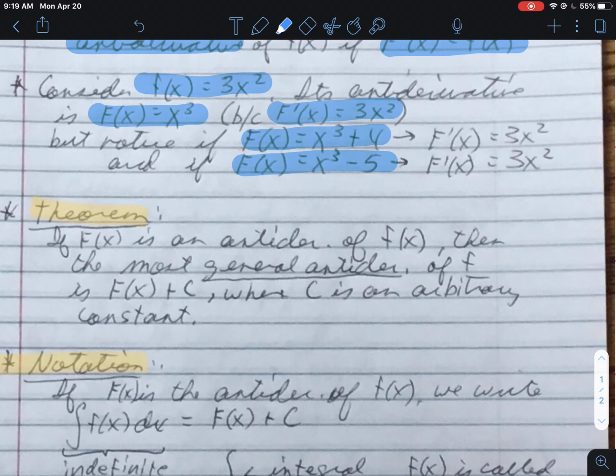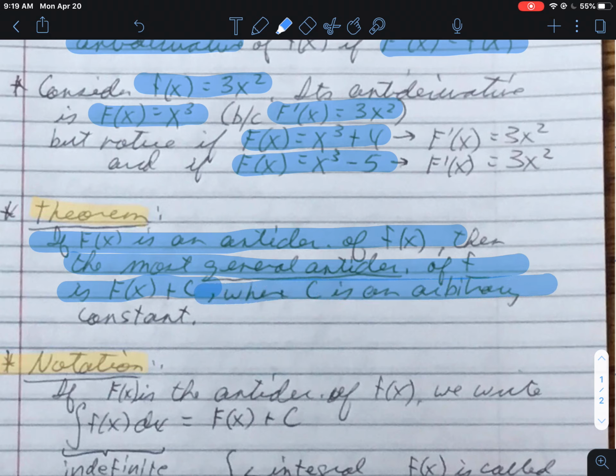That leads us to this theorem that says, if cap F of x is an antiderivative of little f of x, then the most general antiderivative of little f is that function cap F plus a constant. So cap F of x plus C, where C represents some arbitrary constant.